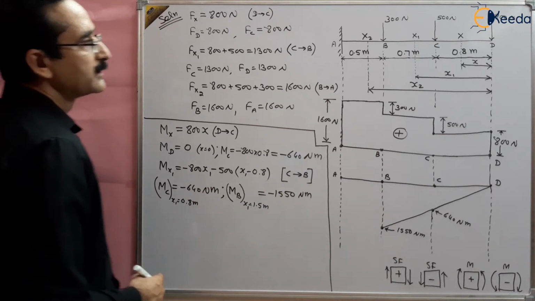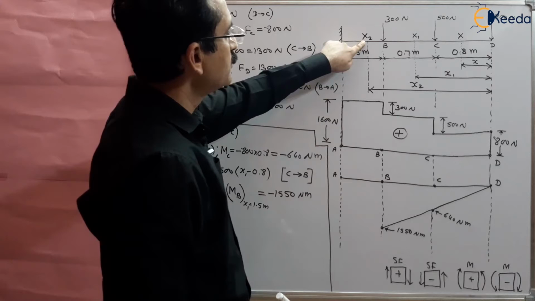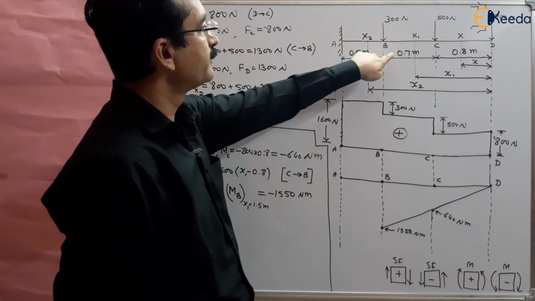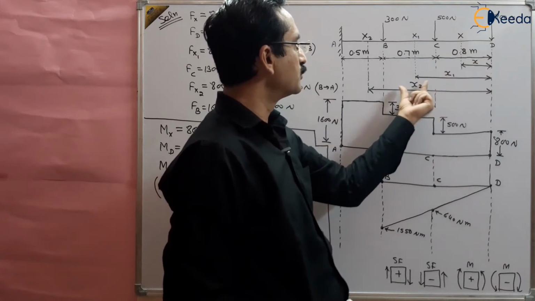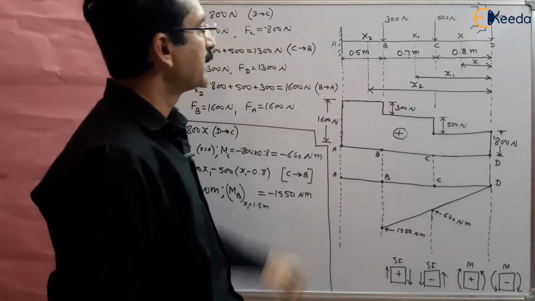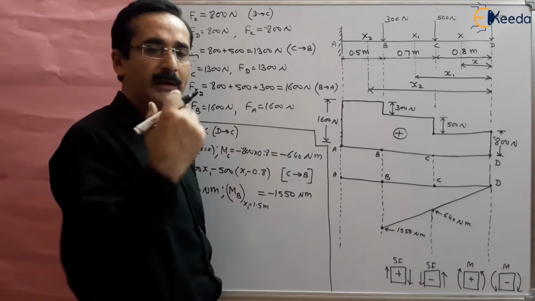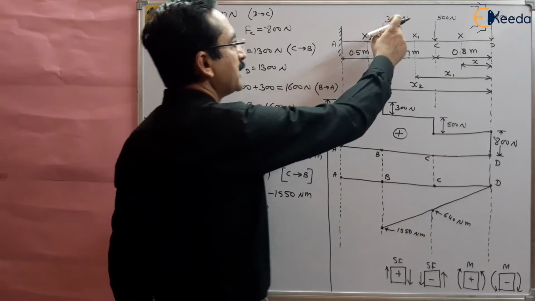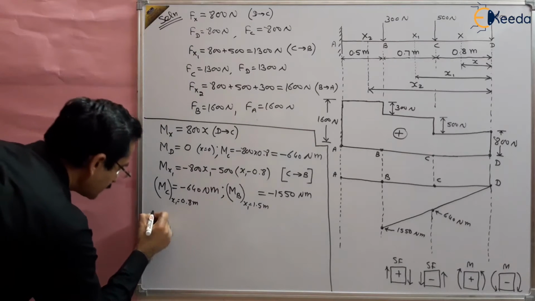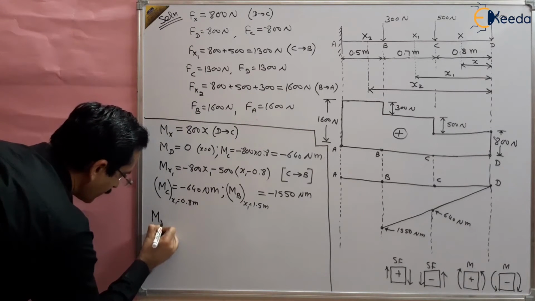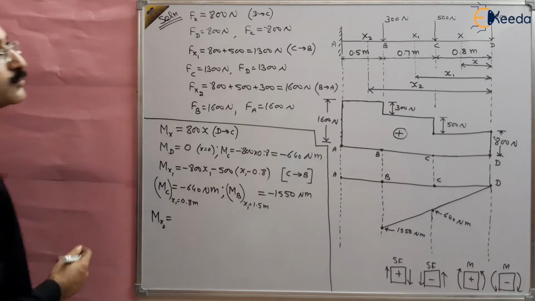Now, next, take the section x2 between A to B, right? It is at a distance x2 from D, and take the bending moment as the algebraic sum of all the forces. There are three forces, 300, 500 and 800. So find out mx2.